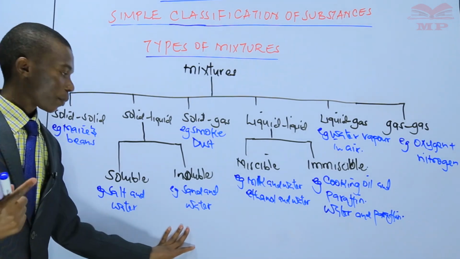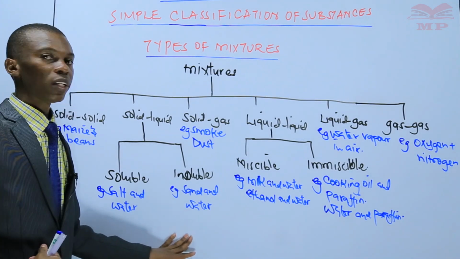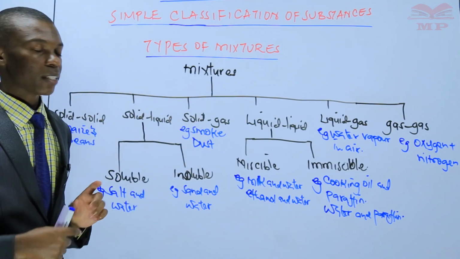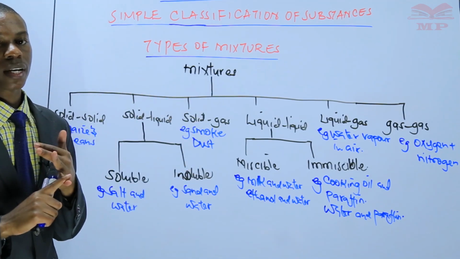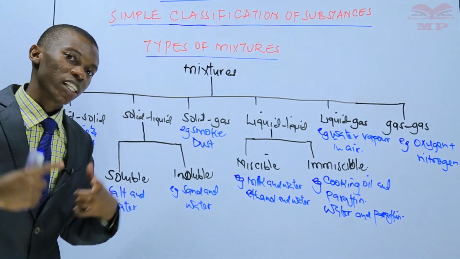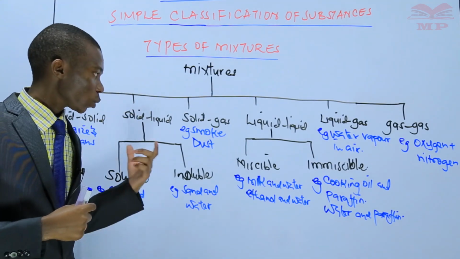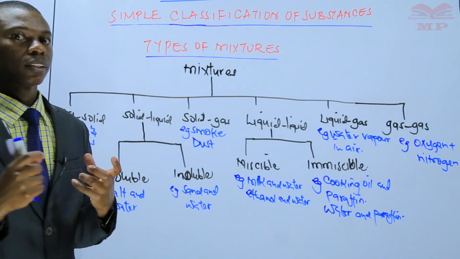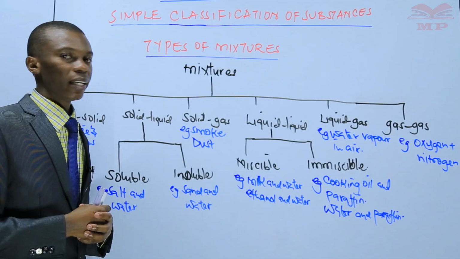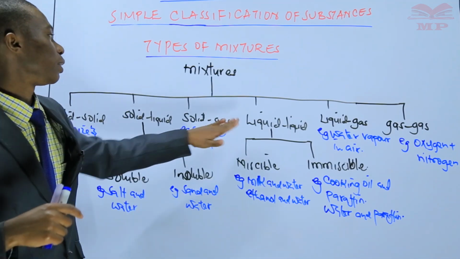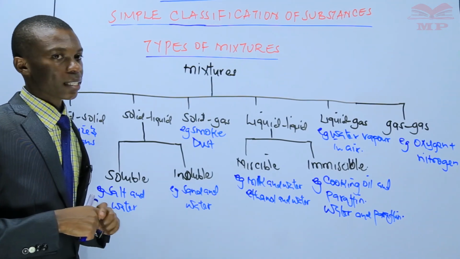In solid gas, we can have smoke and dust, because smoke is soot particles suspended in air, while dust is just fine particles also suspended in air. So it's a solid gas mixture.